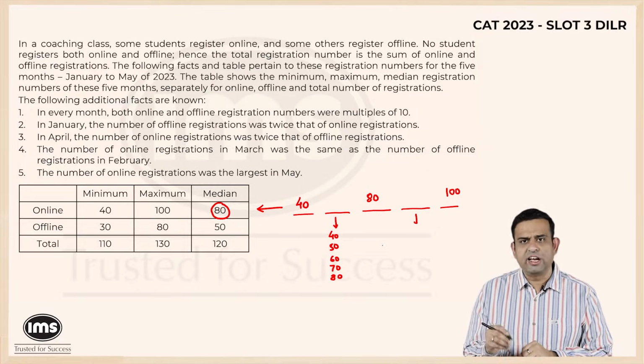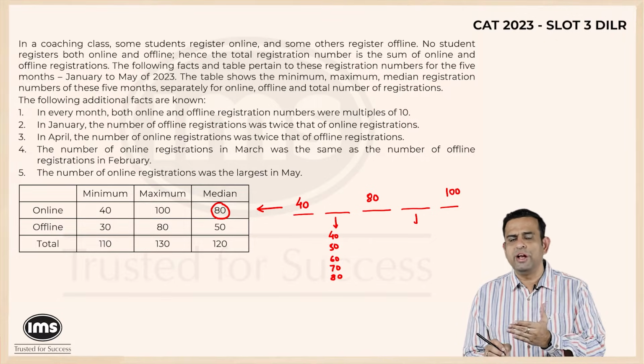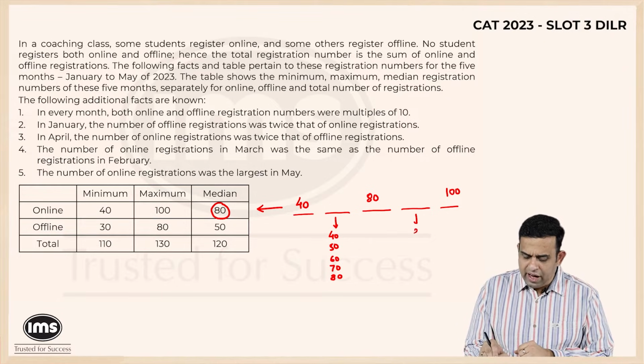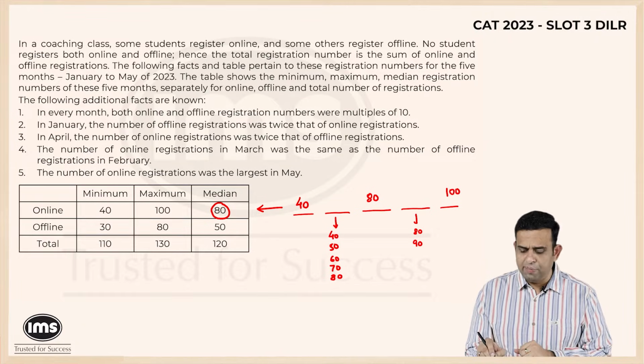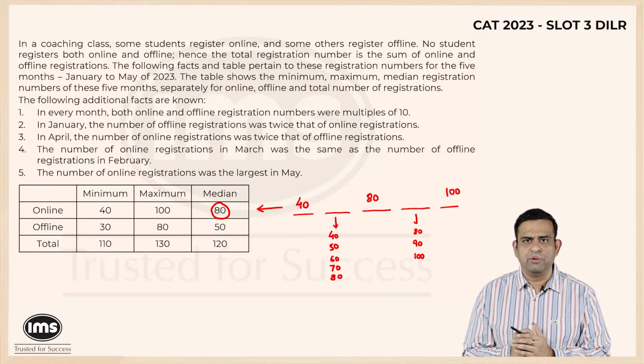And this particular place will be more than or equal to 80 and less than or equal to 100. With the further condition given to us, as the registration has to always be a multiple of 10, it could be 80, 90 or 100 as a possibility.